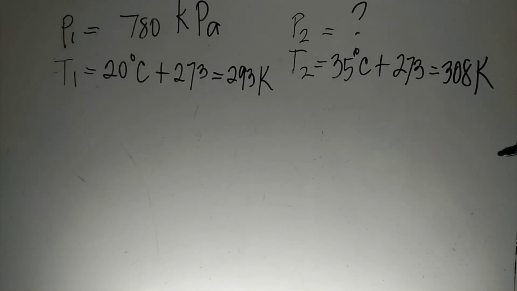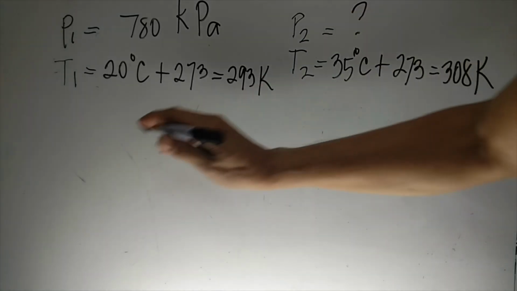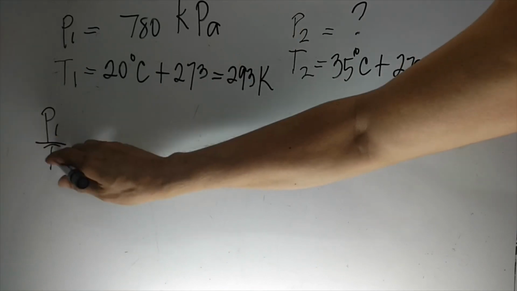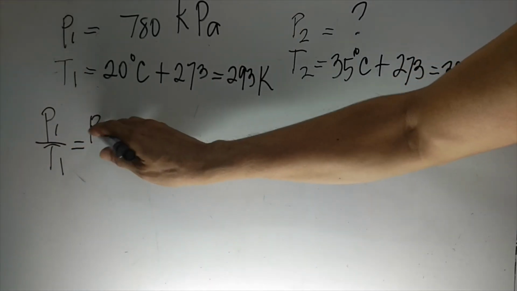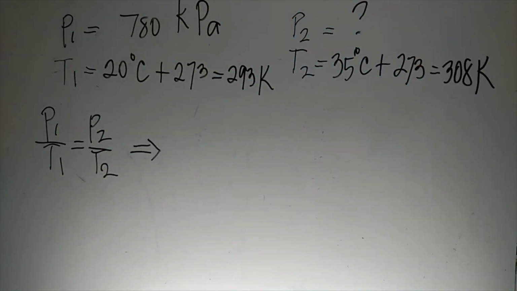Writing the formula for Gay-Lussac's Law will give us P1 over T1 is equal to P2 over T2.